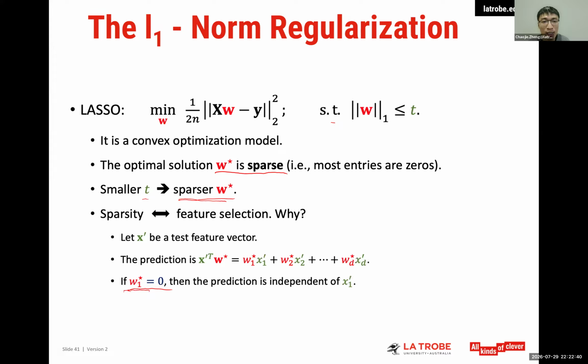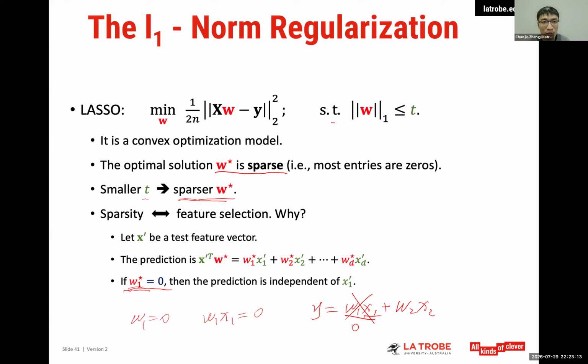So in this way, the corresponding feature associated with this weight will not contribute to the prediction, because let's say if W1 equals 0, then W1 x1 will be 0, right? If the prediction is W1 x1 plus W2 x2, this term will be 0, so it will have no contribution. So this feature is kind of removed.